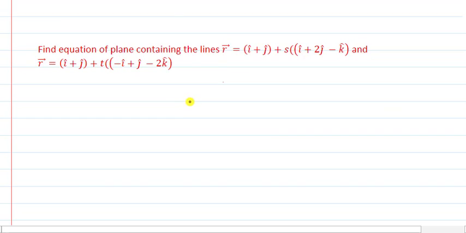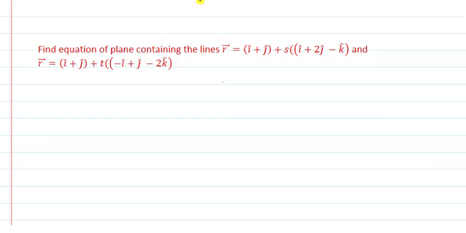One more question I would like to take. It is: find the equation of the plane containing the lines this one and this one. It means we need to find the equation of the plane when two lines are given which lie in the plane itself. So let us try to understand it by drawing one figure.